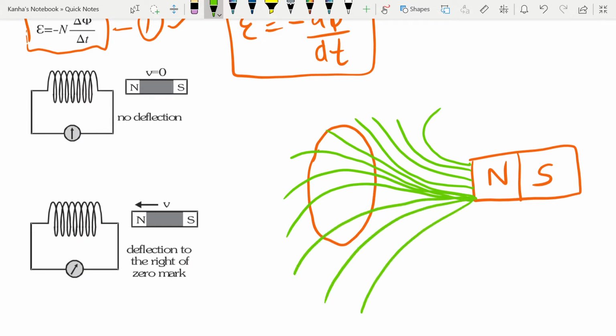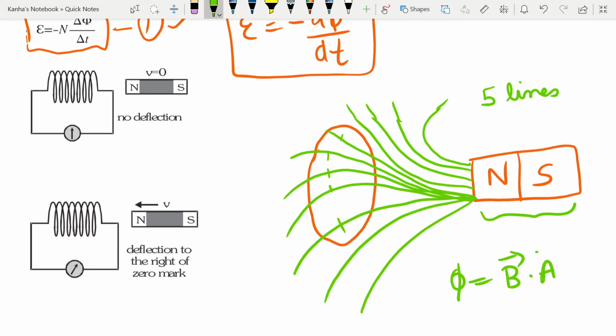So when the magnet is held stationary, let's say we have 5 lines passing through it. Actually there are millions of lines passing through it, but based on this diagram, let's say 5 lines are passing through the coil at this time. So according to these 5 lines, I will have a magnetic flux linked with the circuit, because the flux is just given as B dot A.